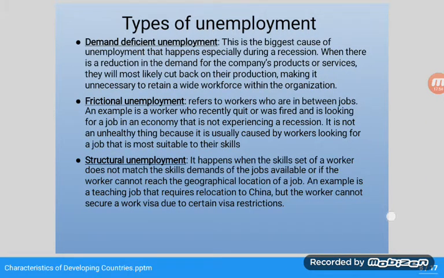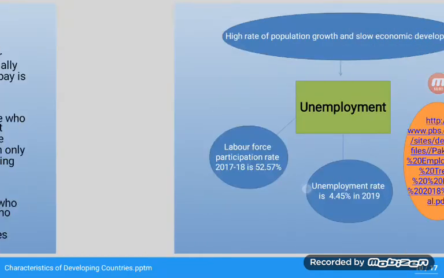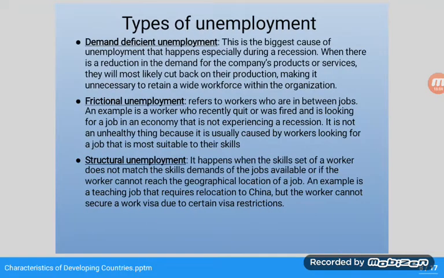Now, the next point that I should be discussing is unemployment. But before coming to this point, you should know the different types of unemployment. That's why I have given these few types. Unemployment simply means that a person who wants to do a job is unable to find one.